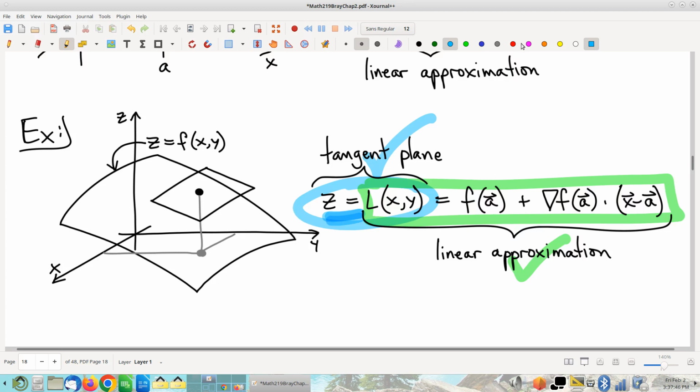And again, the reason why, if I were to look at the graph of f, and if I were to compare the graph of f with the graph of L, the whole point of L is that L is supposed to mimic f. And if L is doing a really good job of mimicking f, then the graph of L should be tracking the graph of f. And thus this plane that we get when we write down z equals all of this stuff, the equation of the plane, should be tangent to the graph of f itself.